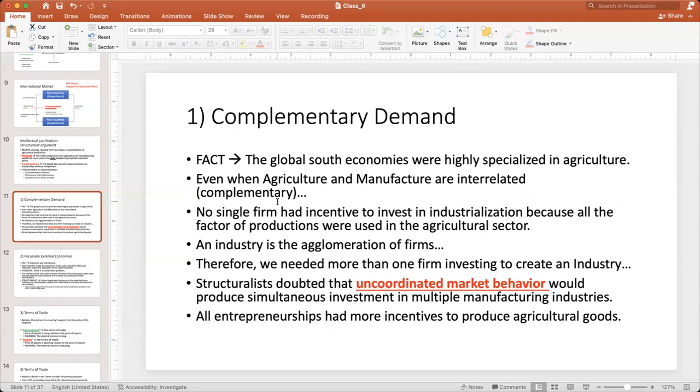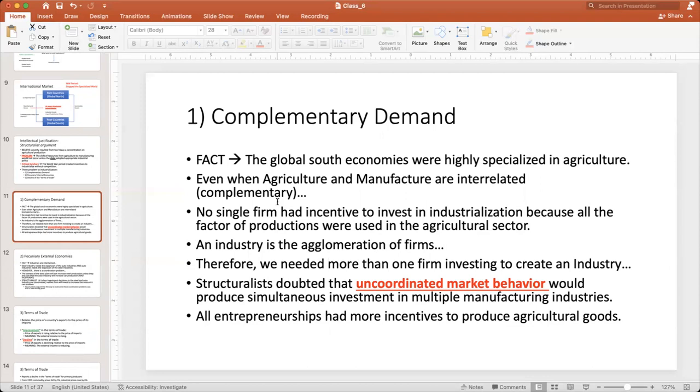The second part of this problem, according to the structuralism, is that an industry is not a firm. An industry is the agglomeration of firms. Therefore, we needed more than one firm investing to create an industry. The structuralists argue that uncoordinated market behavior will not produce simultaneous investment in multiple manufacturing industries.